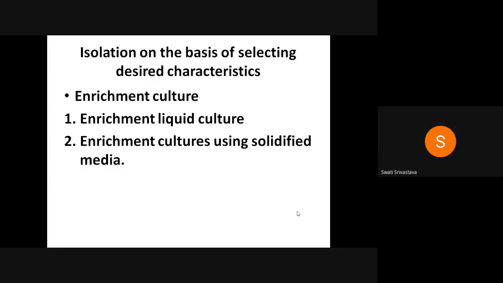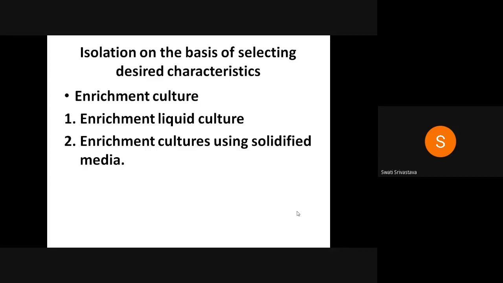Such subculturing may be repeated several times before the dominant organism is isolated by spreading a small inoculum of the enriched culture onto solid medium. The time of subculture in an enrichment process is critical and should correspond to the point at which the desired organism is dominant.